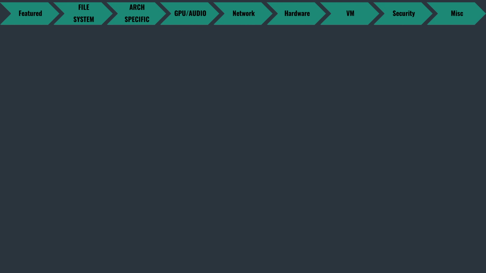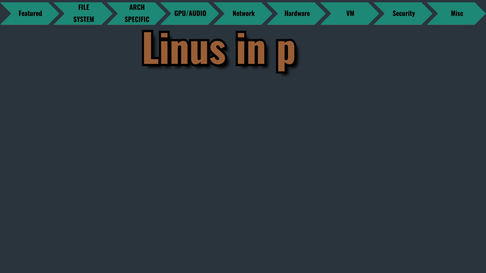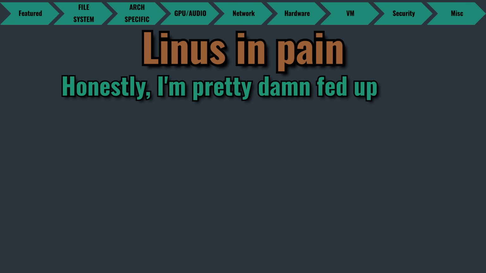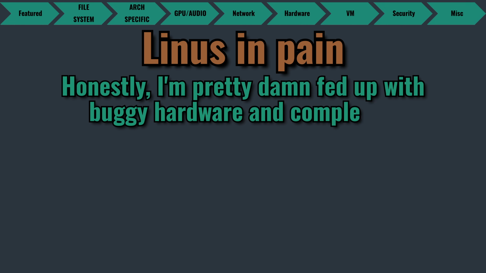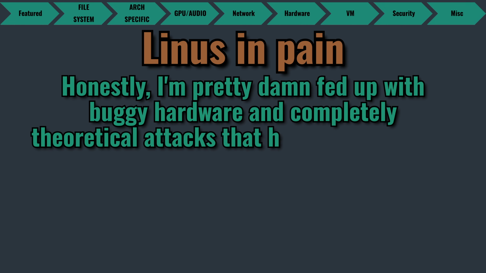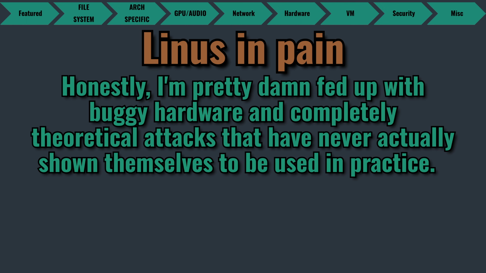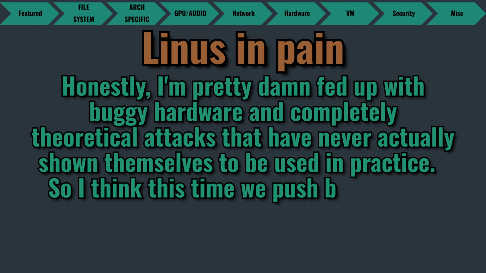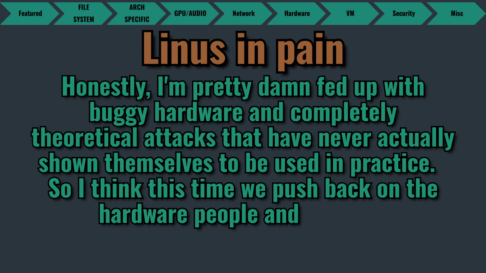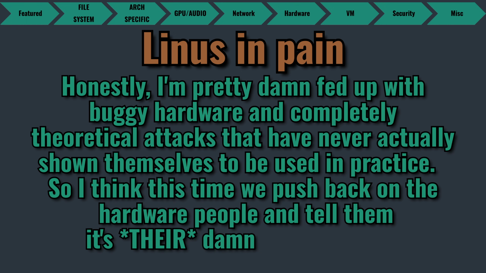Now I can tell you something that is not a good idea, and that's Linus being frustrated by bad CPU design. We have a good quote from our good dictator, Linus, which says, "Honestly, I'm pretty damn fed up with buggy hardware and completely theoretical attacks that have never actually shown themselves to be used in practice. So I think this time we push back on the hardware people and tell them that it's their damn problem."